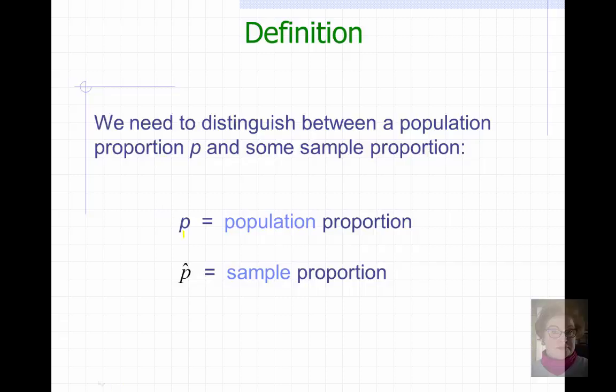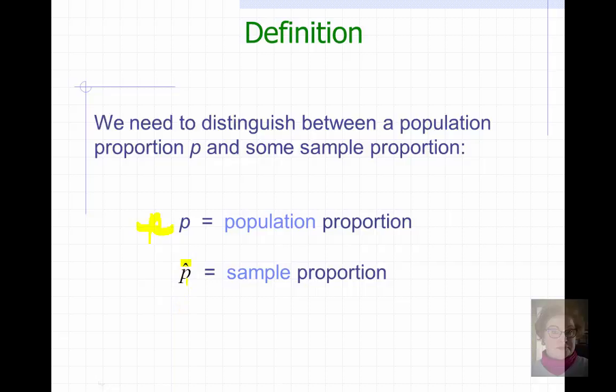Now, one of the things we need to deal with is we need to distinguish between the population proportion and the sample proportion. Population proportion is designated by a lowercase p. A lot of times I'll use a cursive p. And then the sample proportion is a lowercase p with the caret over the top.